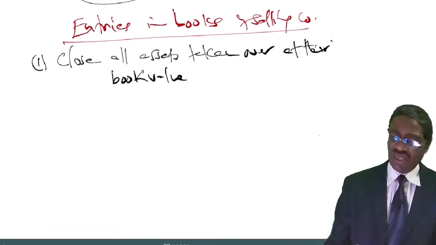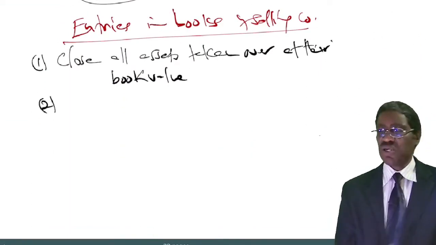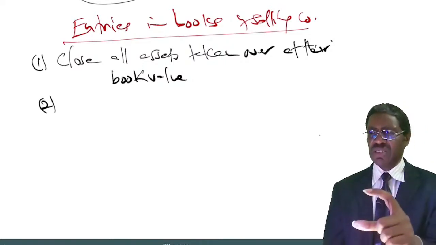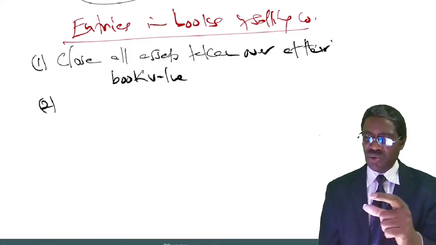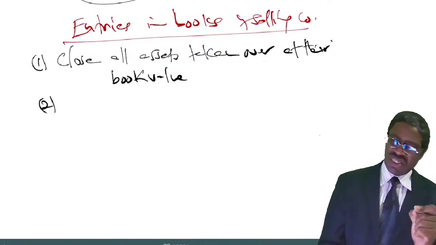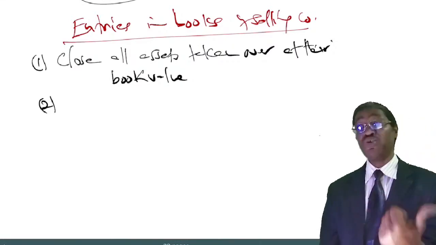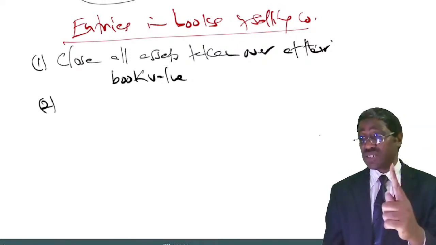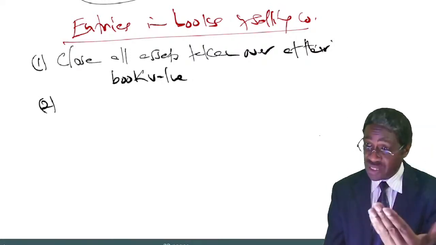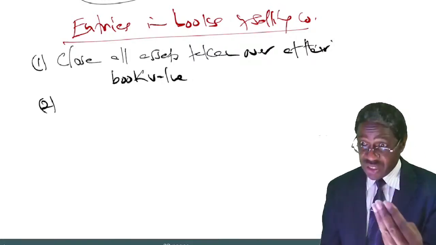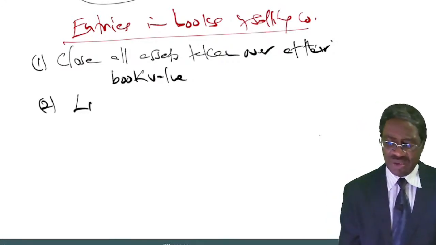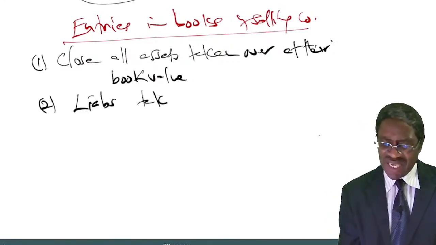That's number 1. Number 2. Number 2 is you as company A again. You may be having some of your liabilities which company B decides that they are going to take over from you. Company B is buying you, but B says they are going to take over your creditors, they are going to take over your debentures, they are going to take over your bank loans, and so on. So our entry number 2 is with liabilities taken over.